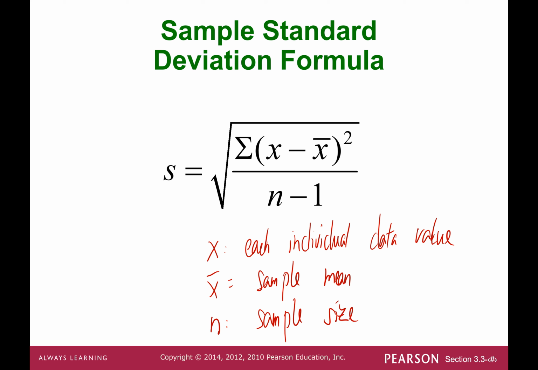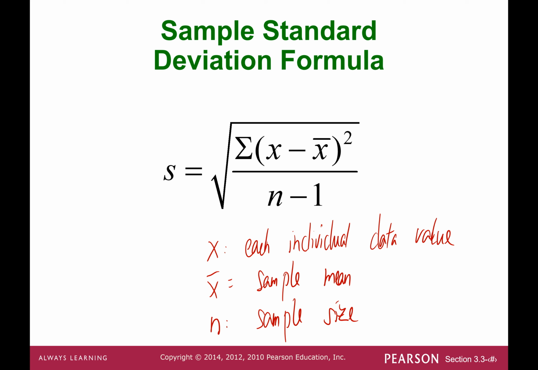So you sum up the differences between each individual value and the sample mean, square them, divide by the sample size minus 1, and then take the square root. This is the first formula.